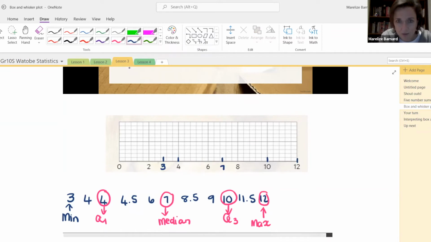And that's 12. So now above the 3, you start and you make a line that's about that long. And you do that for each of the data values. And draw with a ruler. Unfortunately, I don't have a ruler with this electronic pen, but you must draw with a ruler. Make sure everything is straight.